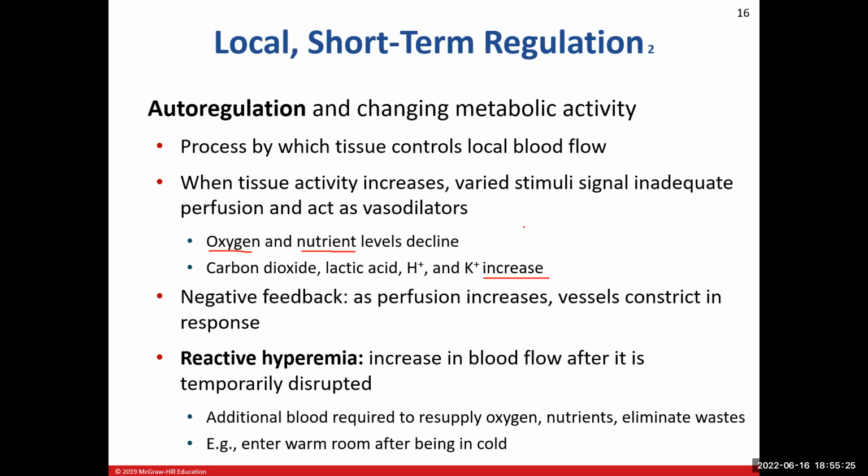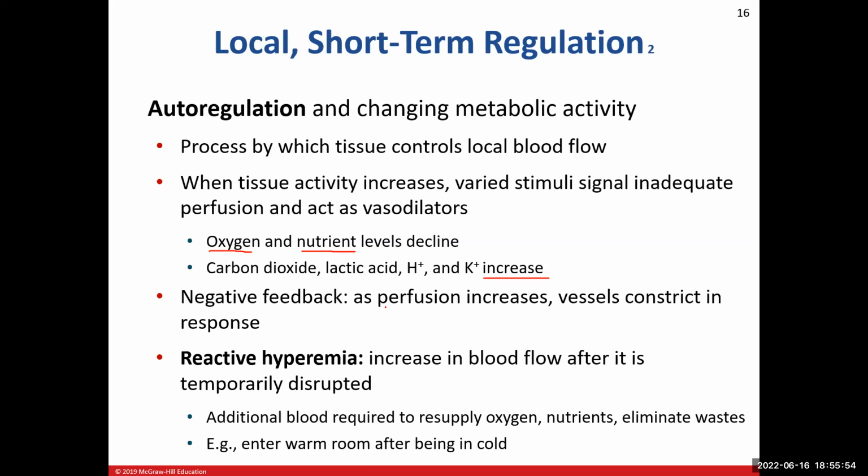And also, if our oxygen levels are decreasing because the tissues are gobbling it up because they need it to make ATP, and any type of nutrient like glucose, for example, fatty acids, anything that can be used to help with metabolism, if those levels start to decrease, those too will act as vasodilators and help to increase blood flow. So this is based on that negative feedback system.